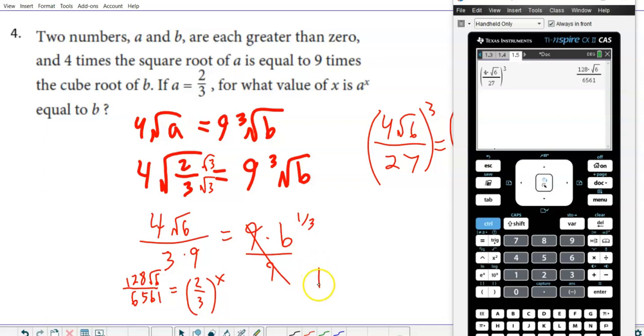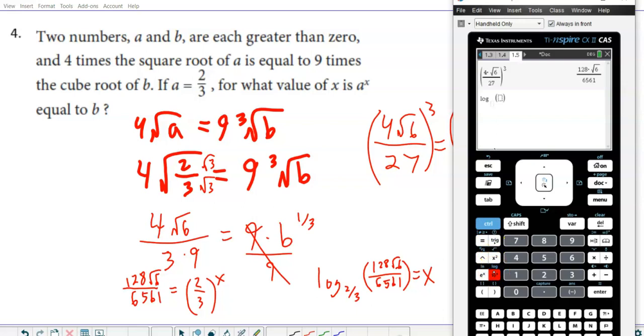We could write this as log base 2/3 of that big number, 128 square root of 6 over 6561, equals x. There must be an easier way to solve this. I'm just guessing. Wow, this is a lot.